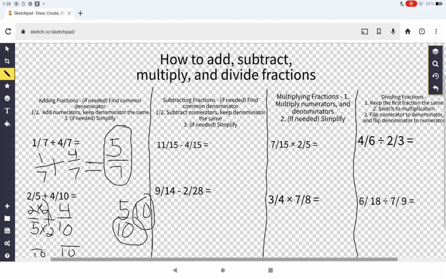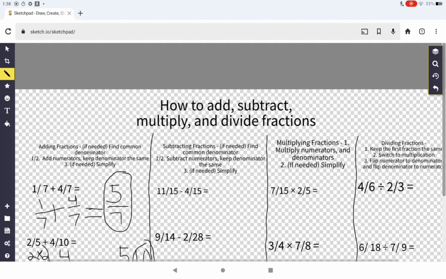So 5 times 2 is 10, and 2 times 2 is 4. Put the adding sign, and then we just keep the second fraction the same, since that already has the denominator 10 and our multiple was 10.